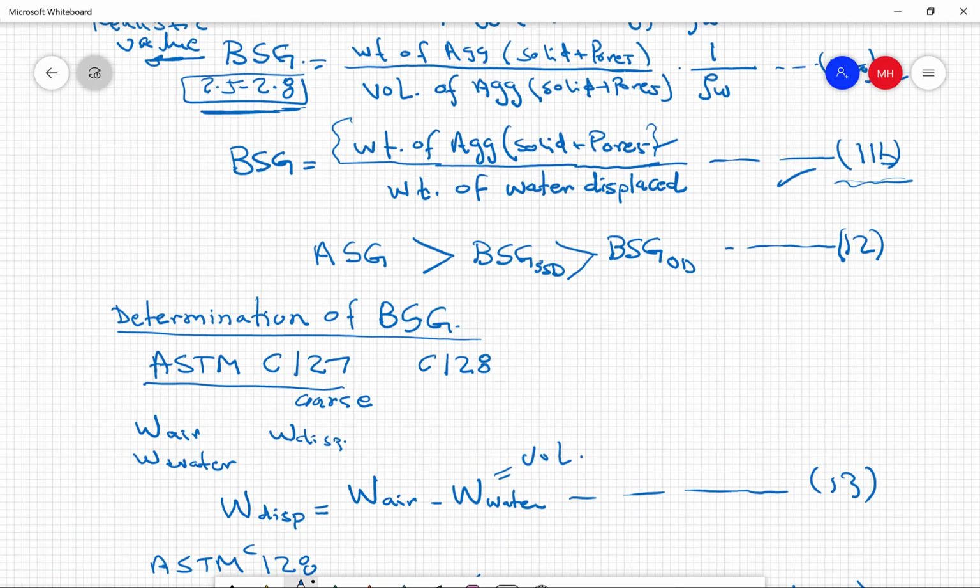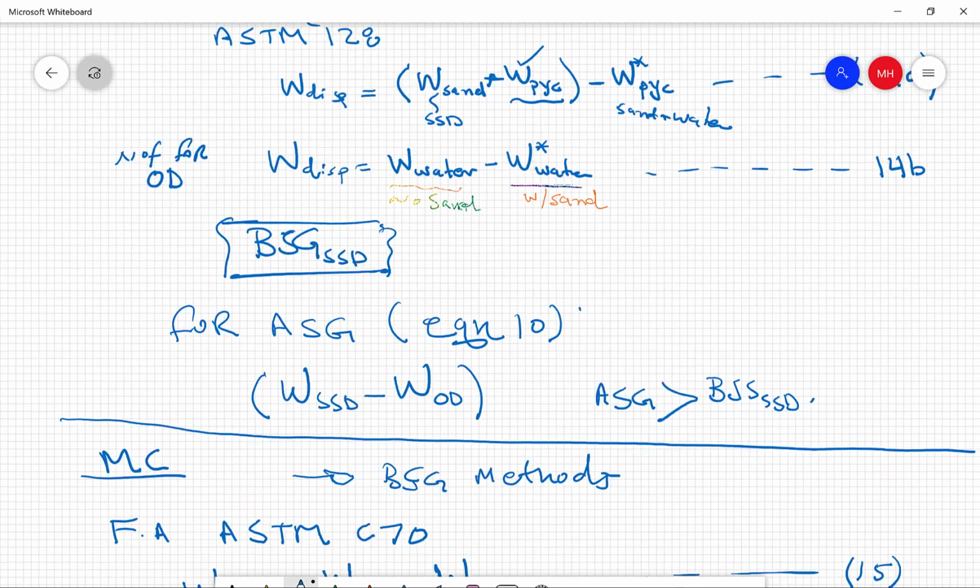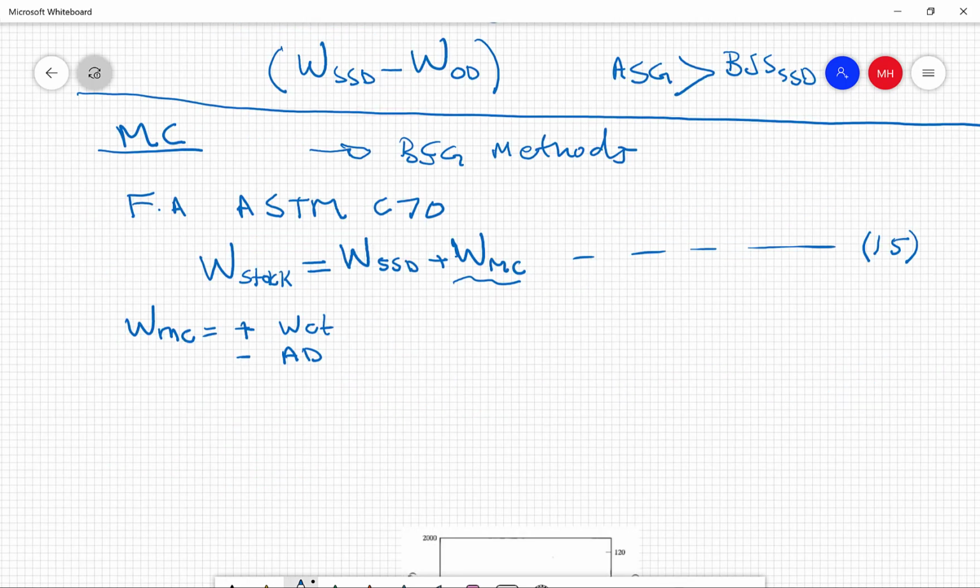Based on the weight of the SSD condition, the bulk specific gravity SSD equals the weight in the SSD condition divided by the water displaced.